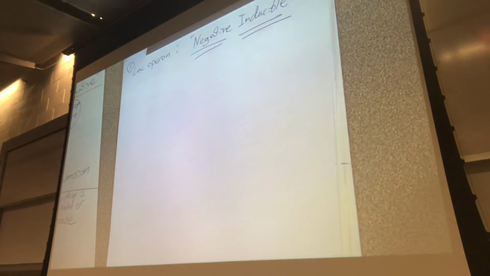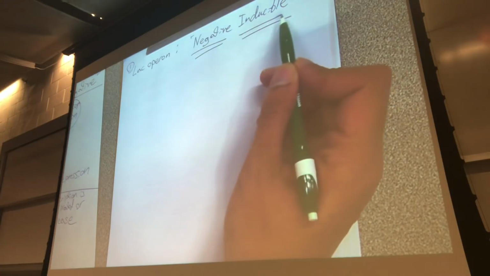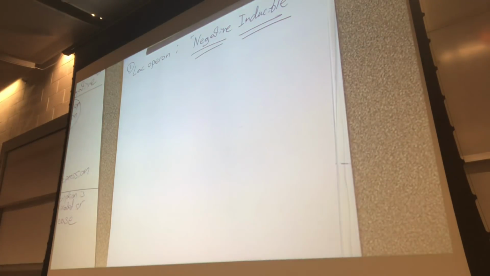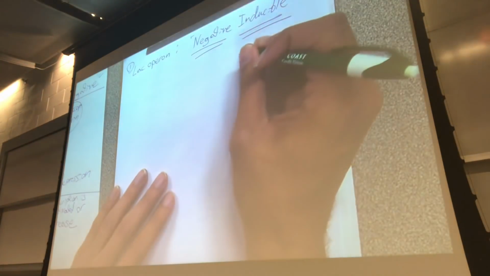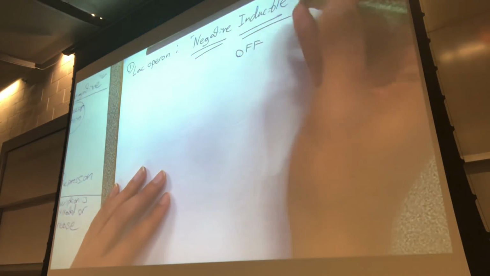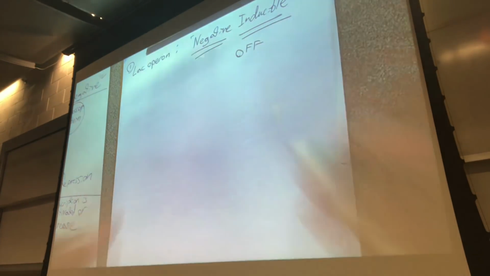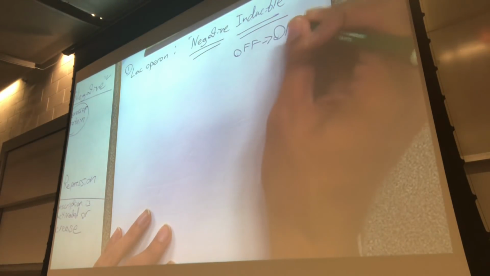Let's break it down. Let's break down the inducible word first because that one's more logical and easier to understand from the get-go. What does inducible mean? You're going to turn on transcription. Therefore, the Lac Operon is initially turned off. And the phrase inducible means your goal here, the way this will be regulated, is it needs to be turned on.